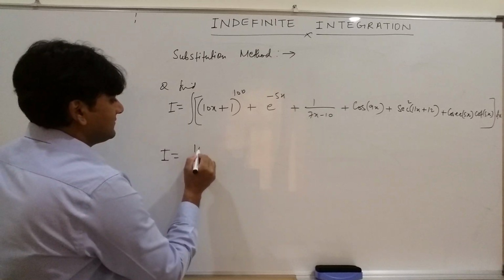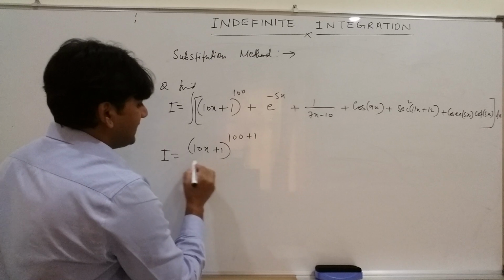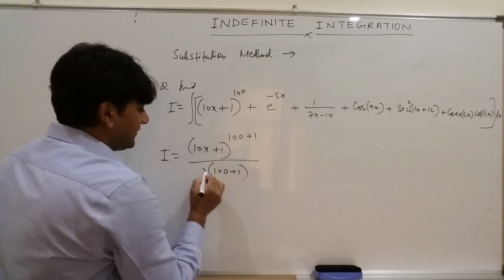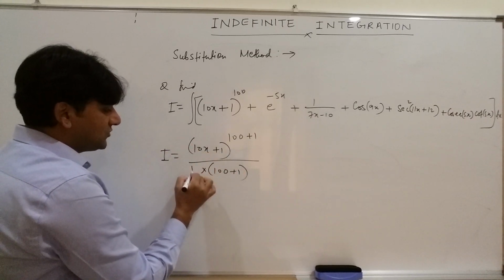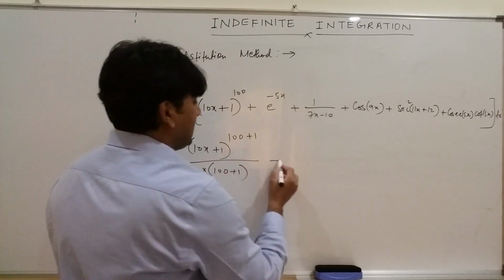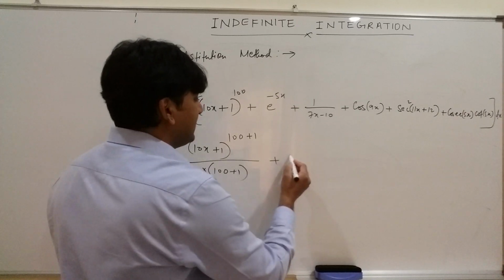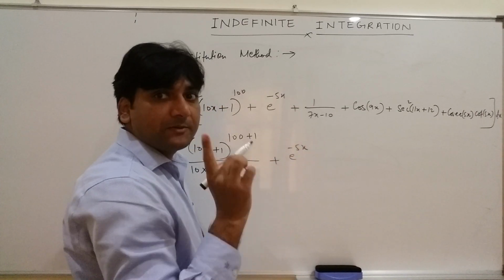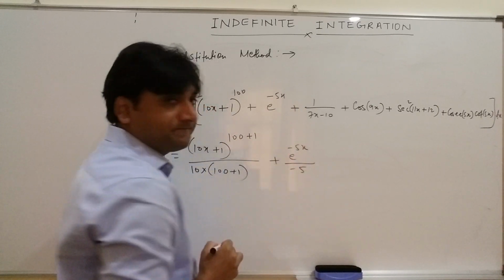So this is (10x + 1) raised to 100 plus 1 over 100 plus 1, but we have to take the x coefficient also, which is 10, so I write it over here. Now the derivative of e raised to x was e raised to x. So this is e raised to minus 5x, but the x coefficient is -5, so -5 will be here.